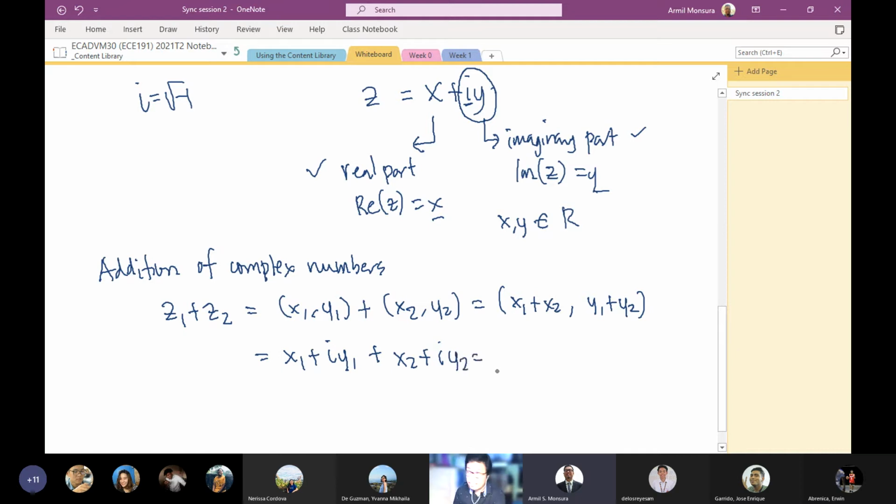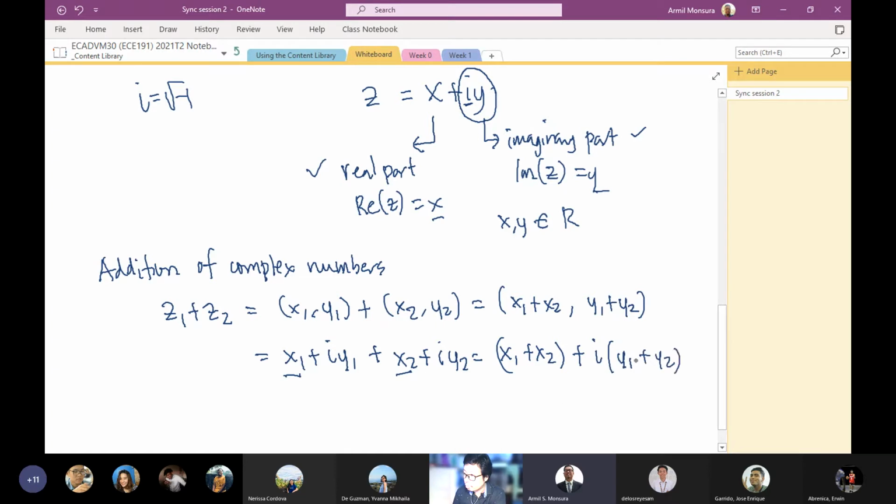The implication of this is that we need to add the real parts. So we have x1 plus x2. Plus, then we have to add the imaginary parts. We still have i as a common factor to both of these. Then we will multiply this by y1 plus y2.